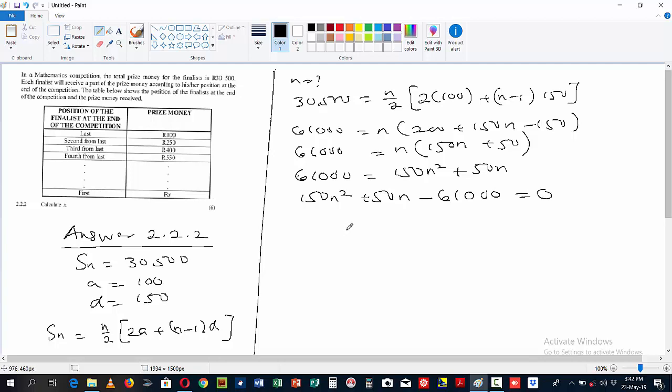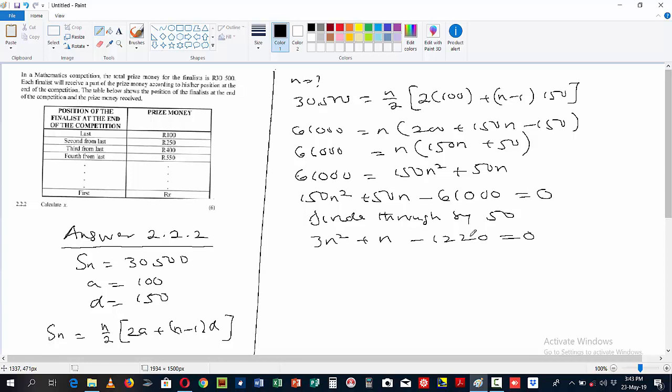So now we divide through by 50. When you divide through by 50, we are going to have 3n square plus n minus 1,220 equal to 0.